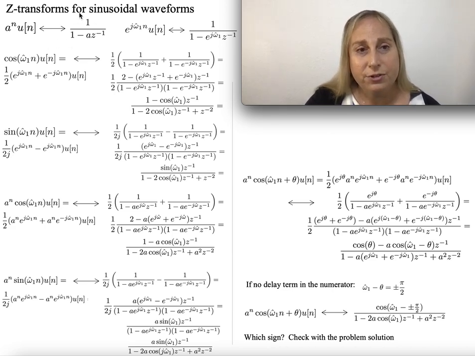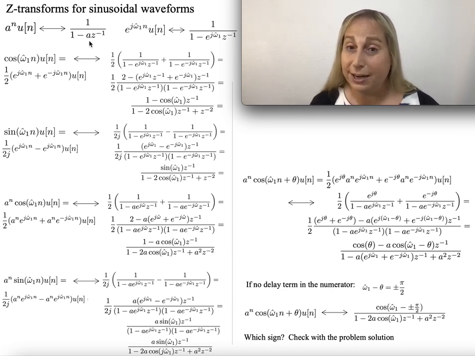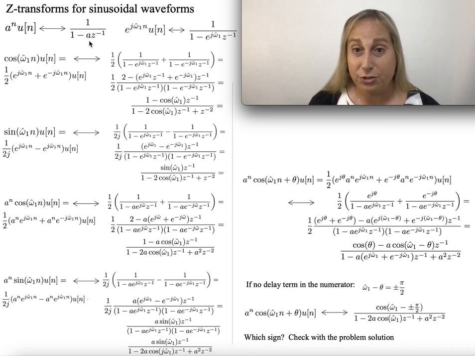Well, I want to say if you took this known transform and said, well, instead of a, and a is a complex number. It's not usually talked about that way when you first introduce this because that feels a bit more stressful, but a can be complex. Okay, what's a complex number? Well, e to the j omega 1 is a complex number, and I can raise that to the power n, which we know is a sinusoid.